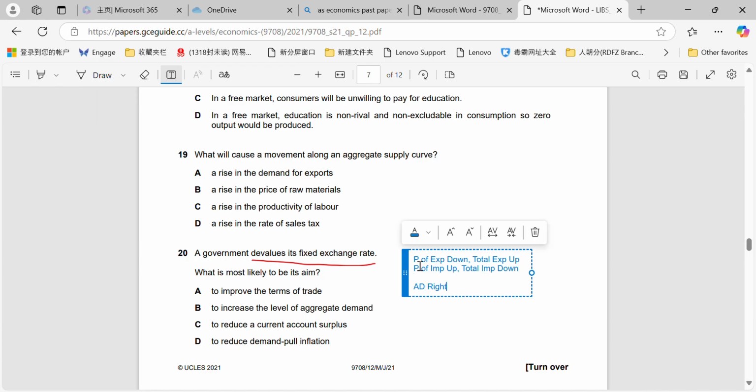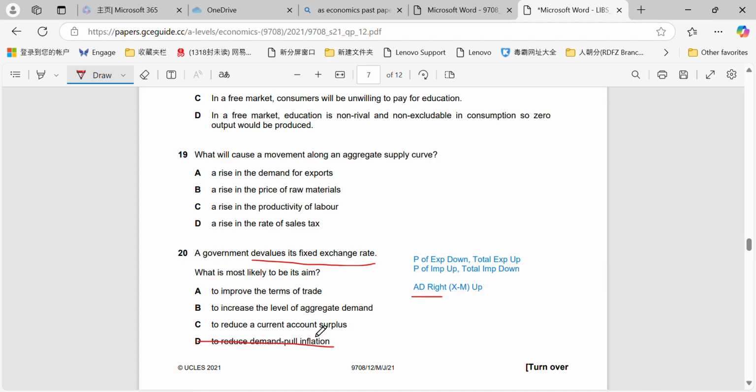It can move aggregate demand to the right because X minus M, which is our component, is exports and imports, can go up. So, therefore, if aggregate demand is moving to the right, its aim is definitely not to reduce demand pull inflation, because aggregate demand would have to go to the left to reduce demand pull inflation.